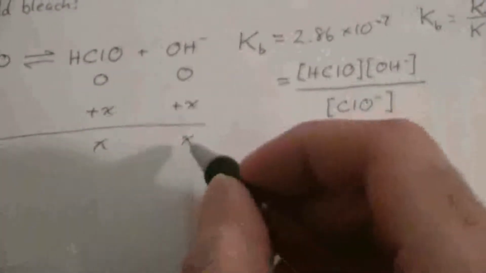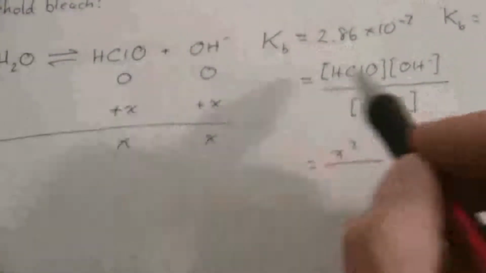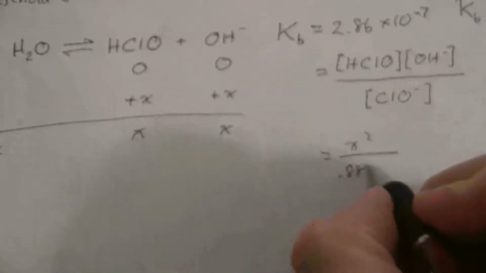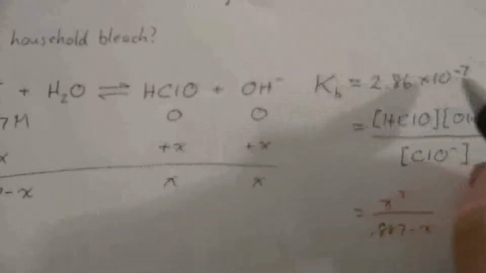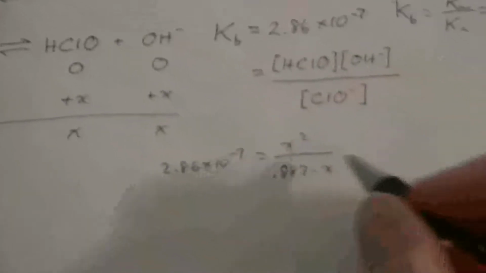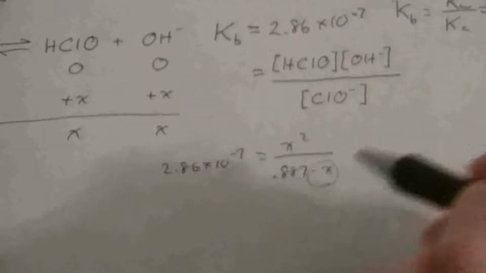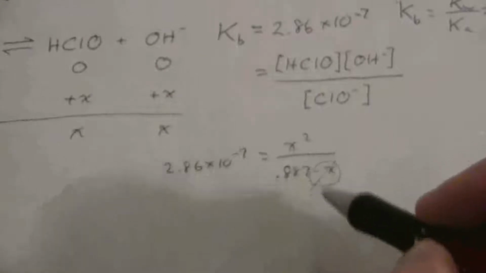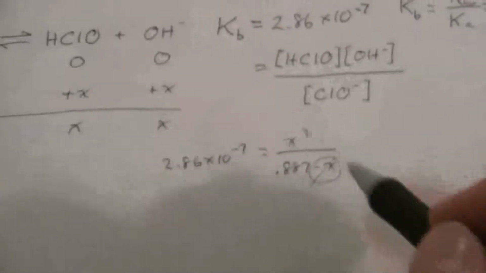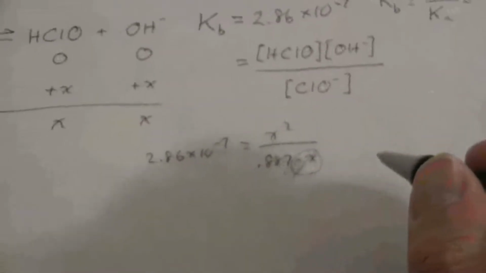So we'll have x squared on the top, and then ClO will be 0.887 minus x, and that will be 2.86 times 10 to the minus 7th. Here again, we're going to assume, just like before, that the x will be negligible in comparison to this relatively large value. I think that's safe based on this number, but we'll test it just to verify.